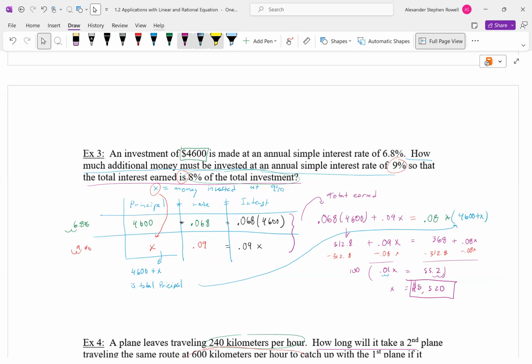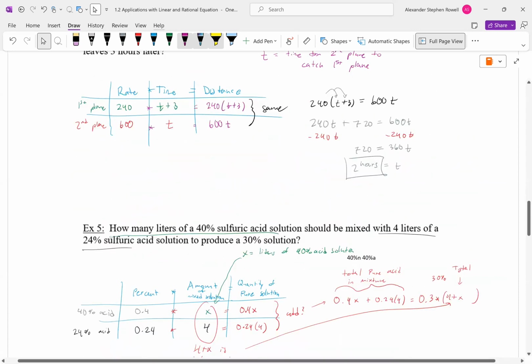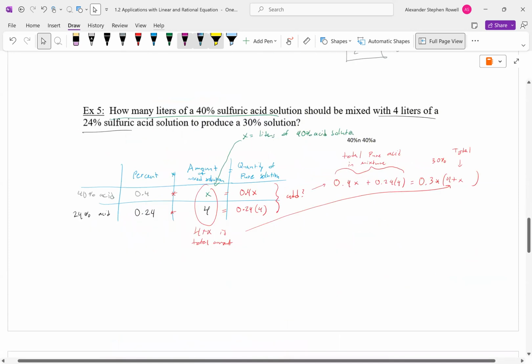Total invested, we added the principals. It's the exact same setup as the last one we just did. They look different, they sound different, but they're exactly the same. The total of the pure solution is equal to 30% of the total amounts we started with. The total amount is 4 plus X.